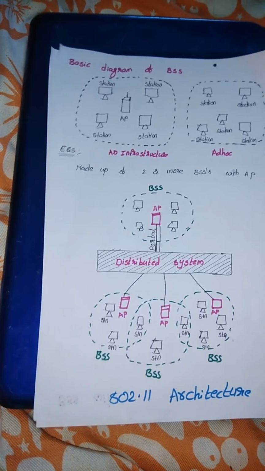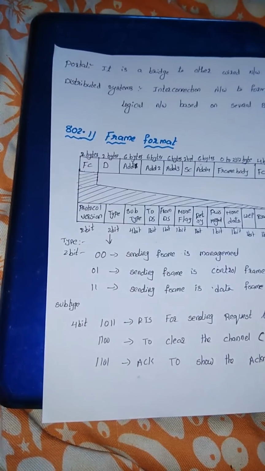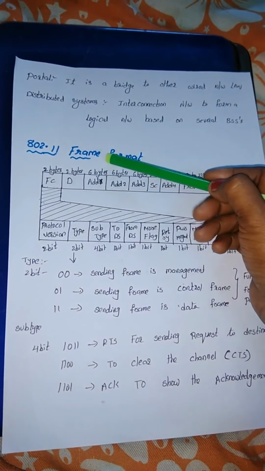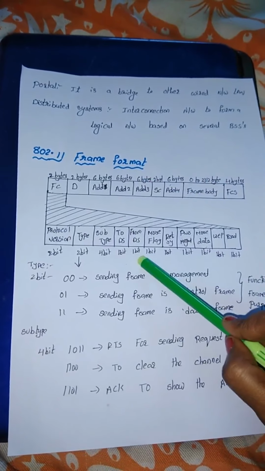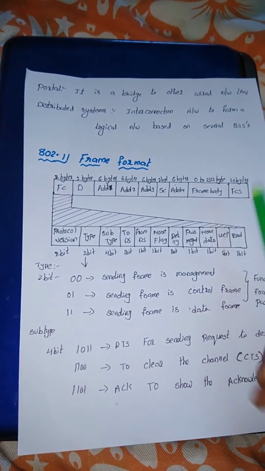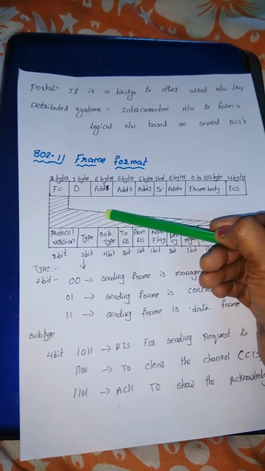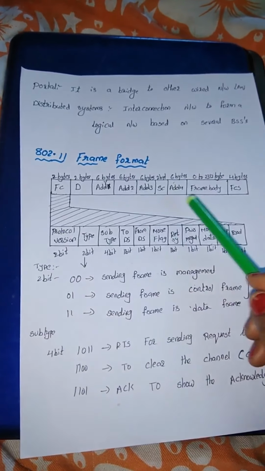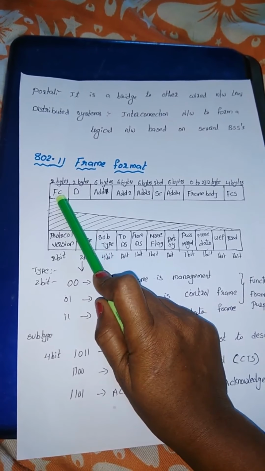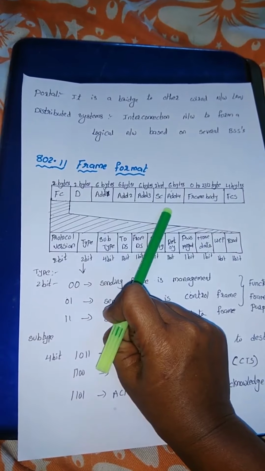Let us see how the packet and the data will be transferred. That will be shown using the 802.11 frame format. Now I am explaining in which way the data will be transferred. This is the process of a frame for communication. First, how many fields does the frame contain?